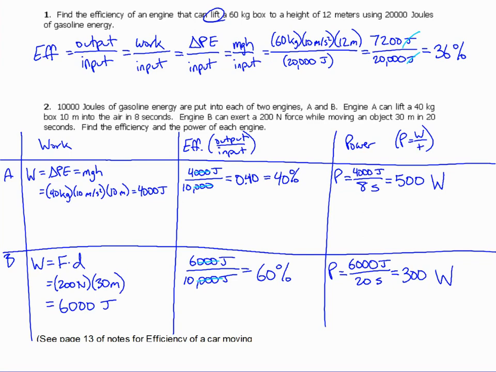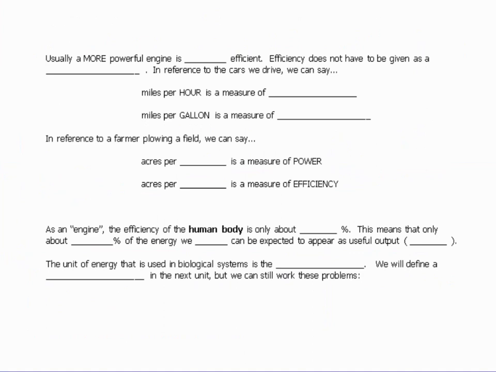So at the top of the next page, let's evaluate this. Usually a more powerful engine is less efficient. Efficiency does not have to be given as a percentage.